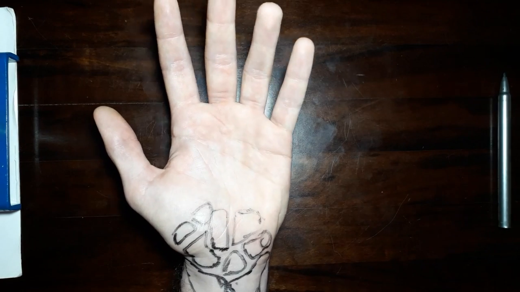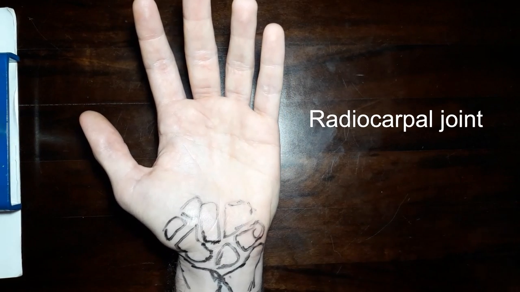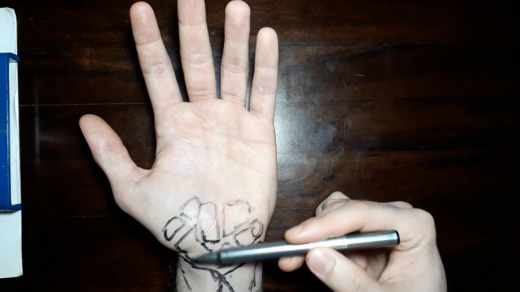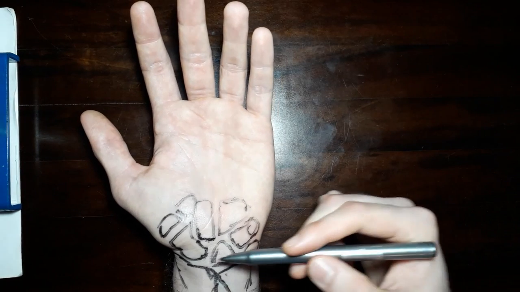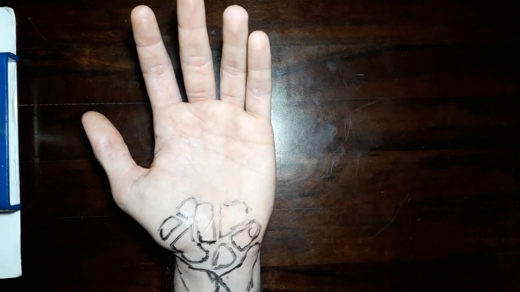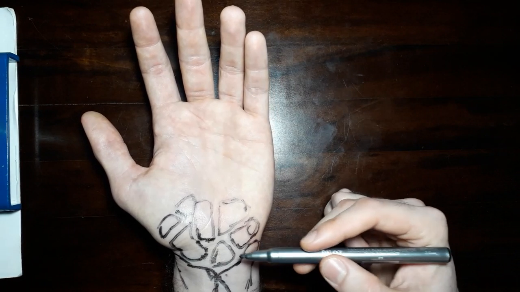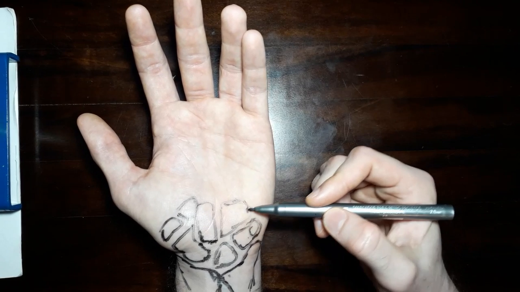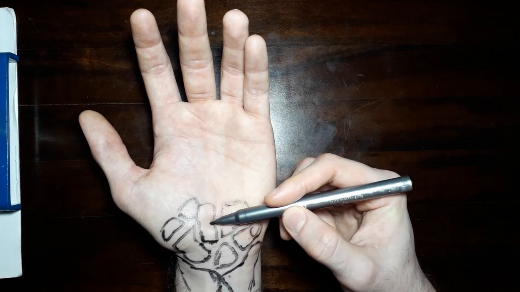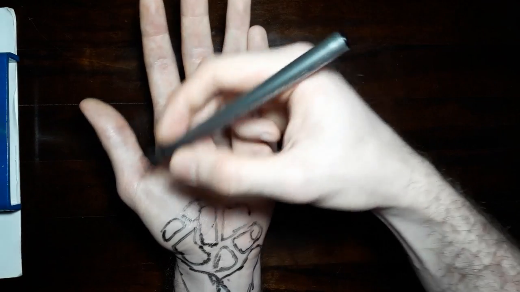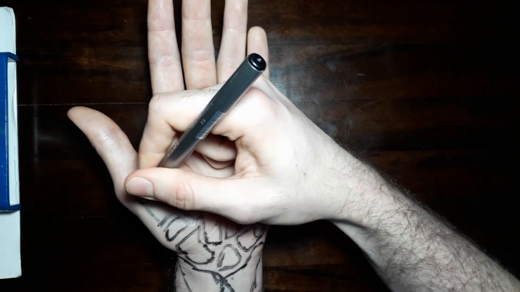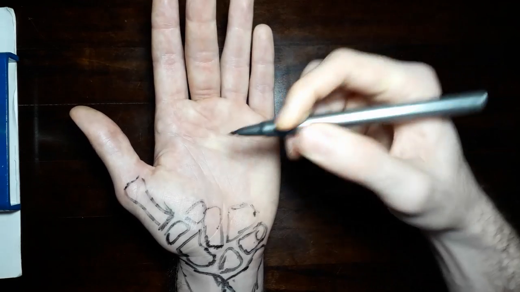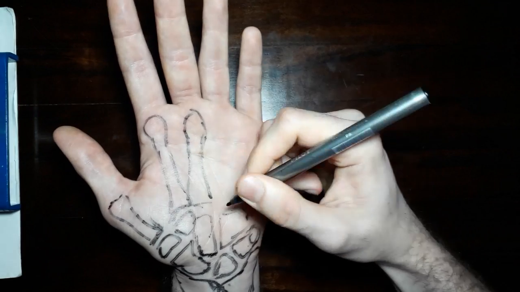So, radiocarpal joint here, and "so long to pinky, here comes the thumb," or scaphoid, lunate, triquetrum, pisiform, hamate, capitate, trapezoid, trapezium, and the thumb. So here we get our first metacarpal, and here are all the others, the second, third, fourth, and fifth.